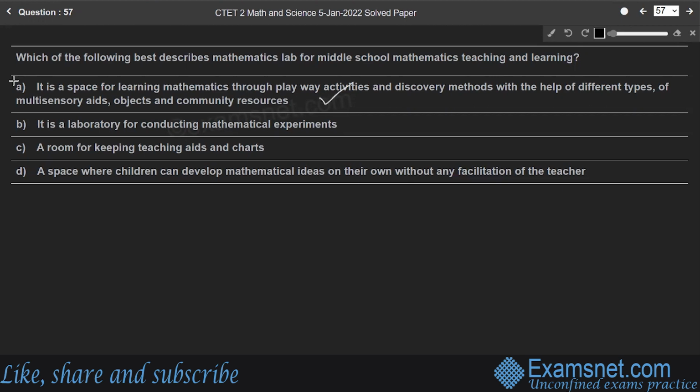It is a space for learning mathematics through playway activities and discovery methods with the help of different types of multisensory aids, objects, and community resources. The Math Lab provides an opportunity for the students to discover mathematics through doing. Many of the activities present a problem or a challenge with the possibility of generating further challenges and problems.